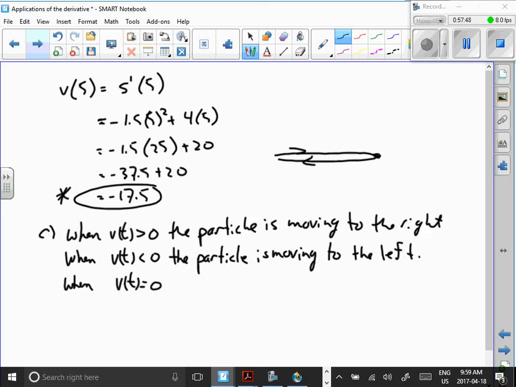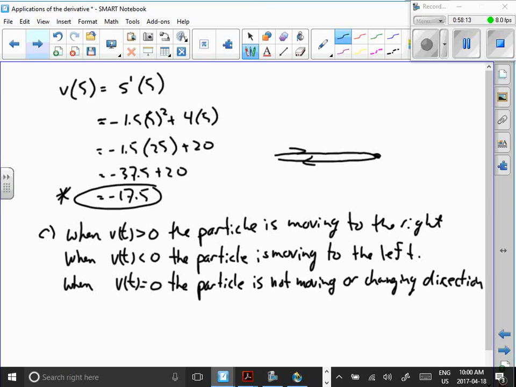Okay, so when the velocity equals 0, the particle is not moving or changing direction.